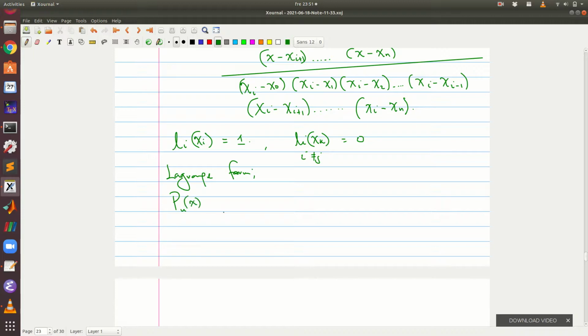So our polynomial of degree n can be written as the summation from i equals 0 up to n of li of x times yi, which we can expand: L0 of x times y0, plus L1 of x times y1, plus L2 of x times y2, and so on until we have Ln of x times yn.